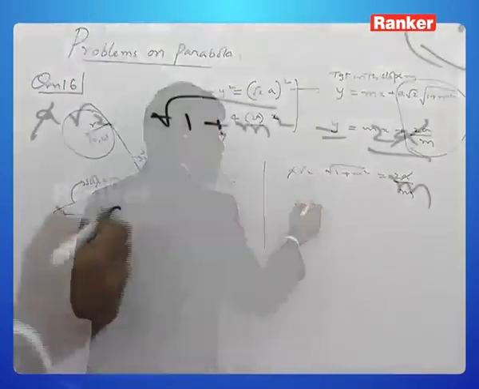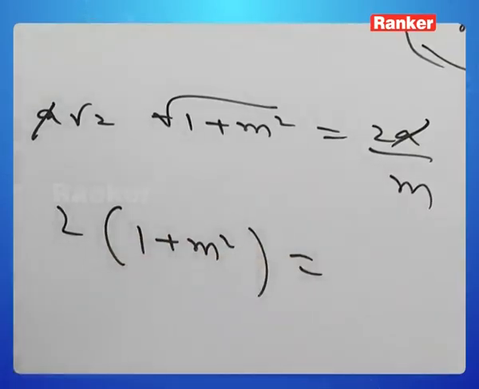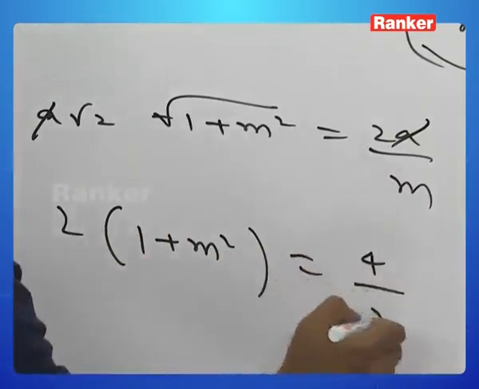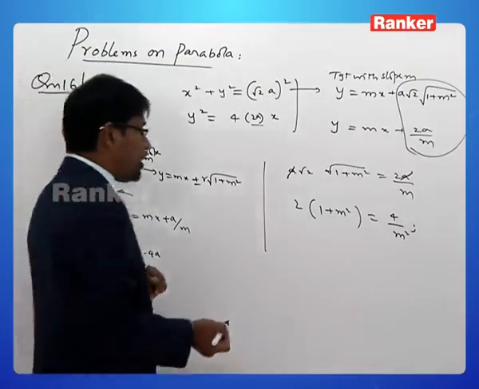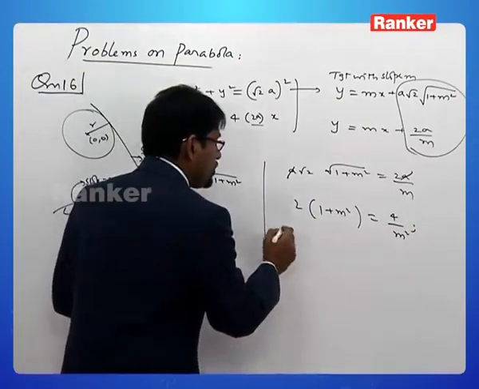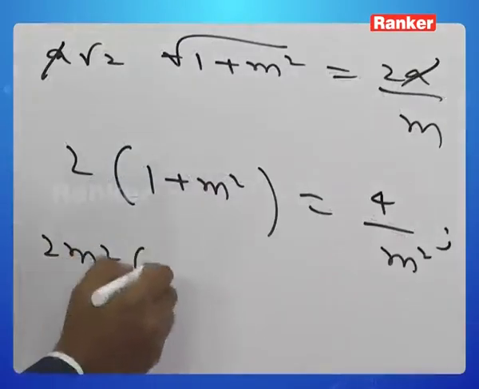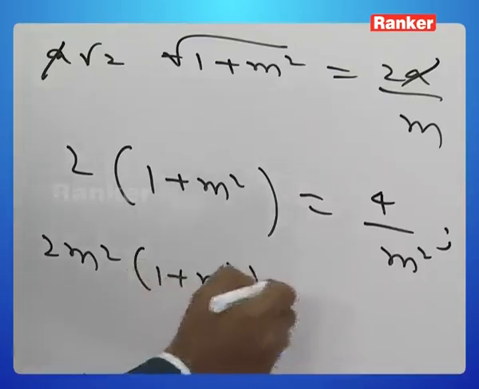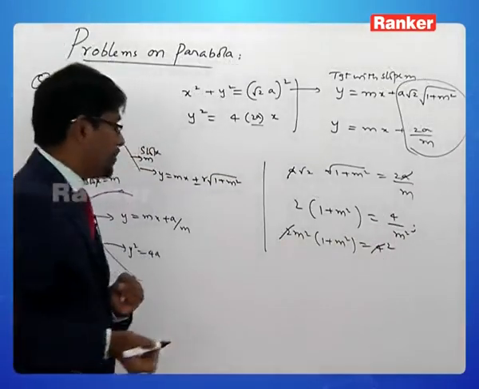What do we have? 2 into 1 plus m square is equal to 4 by m square. We therefore have 2m square into 1 plus m square is equal to 4. So 2 can cancel and we have this.